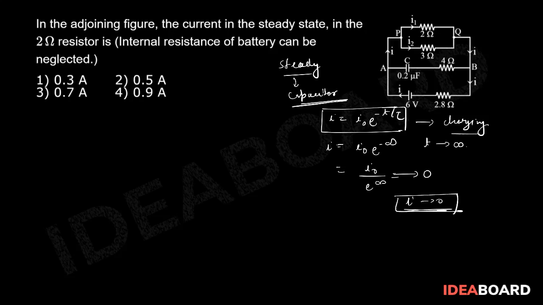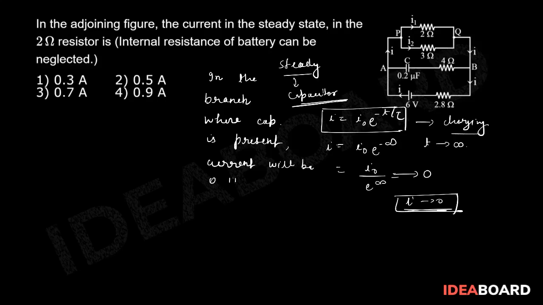That means in the branch where the capacitor is present, current will be 0 in the branch.